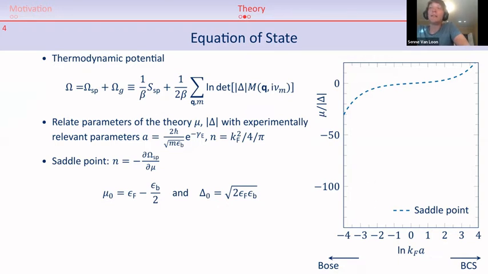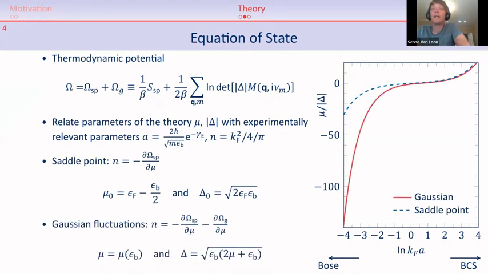And the thing is that in 2 dimensions, it's really important to actually include these Gaussian fluctuations, especially in the Bose regime. So to do that, you would also take into account in the density equation the Gaussian thermodynamic potential. Then, unfortunately, you cannot find an analytic solution for the chemical potential anymore.